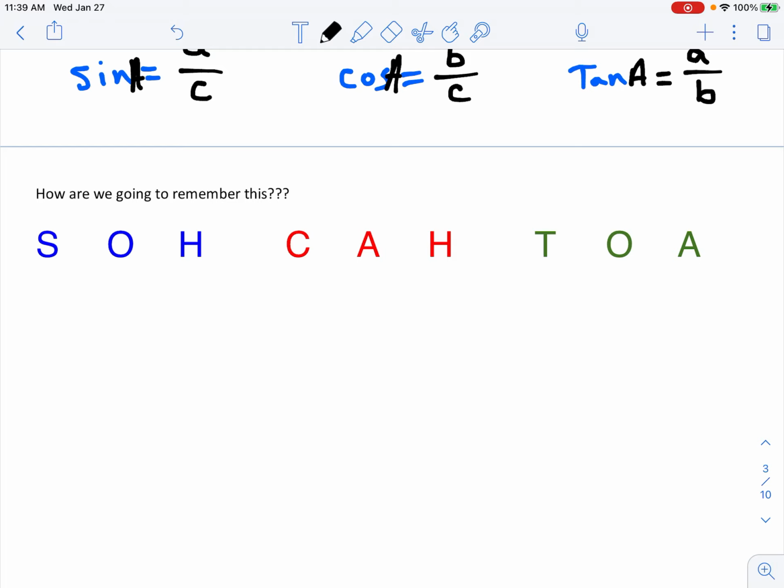What this stands for is the S stands for sine of the angle. Notice O was first, H is second. So to find sine, I'm going to do sine of the angle equals opposite side over hypotenuse. The cos would be the C, cos of an angle should equal the adjacent side over the hypotenuse side.